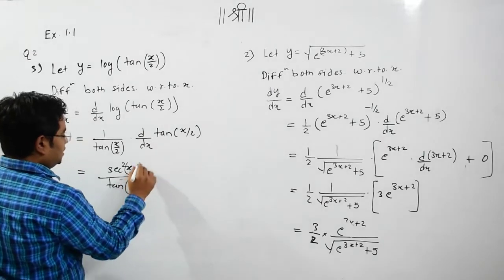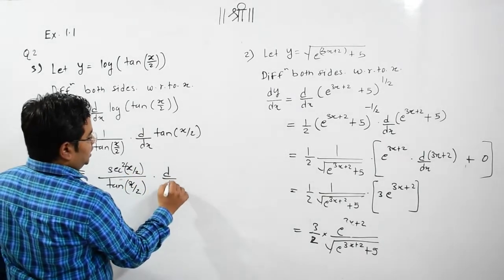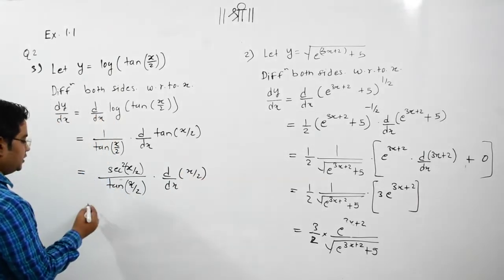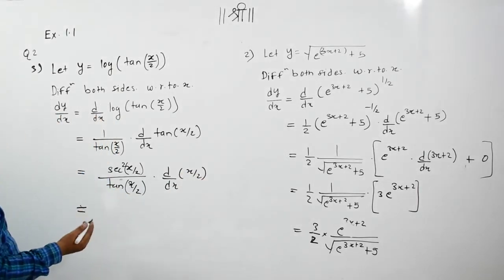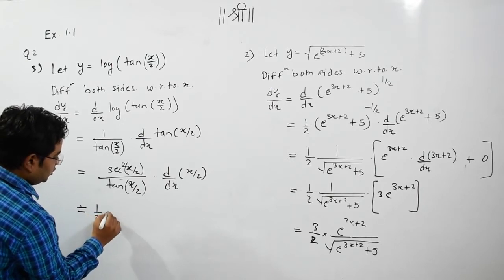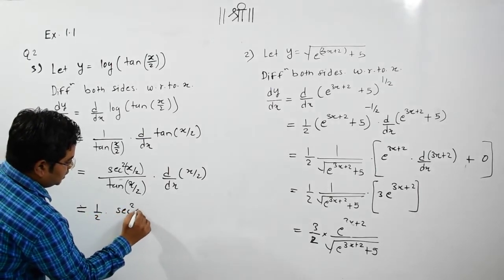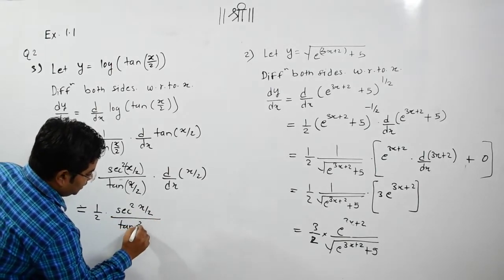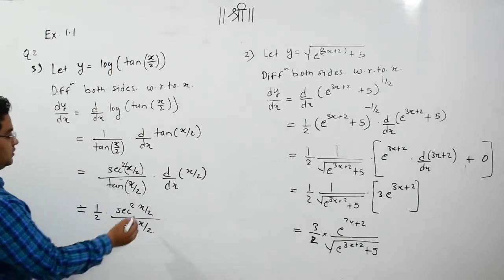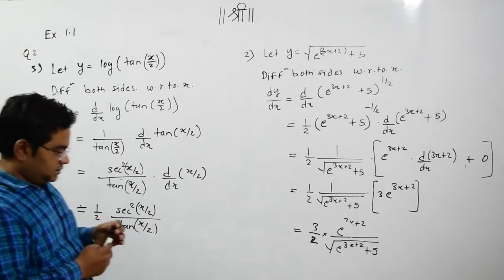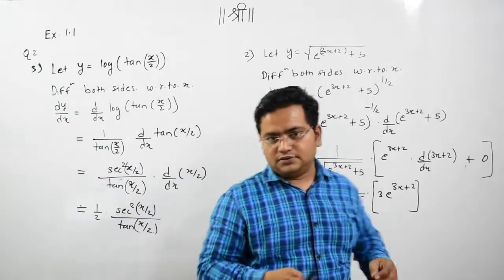Now into d upon dx of x by 2, which is nothing but 1 by 2. So therefore this is 1 by 2 times sec square x by 2 divided by tan x by 2. Is there any further simplification? Just check it once, we will find it.